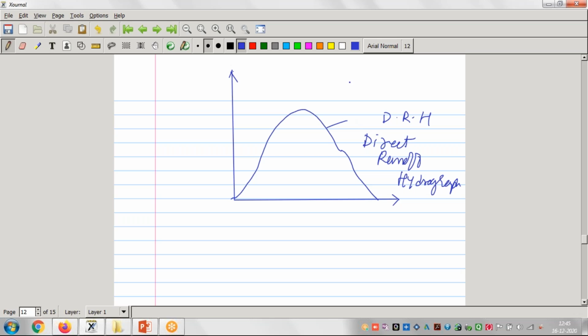And this direct runoff hydrograph is given for a particular duration.